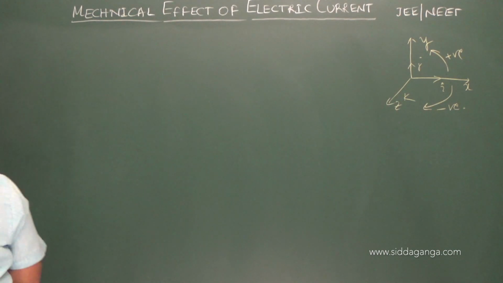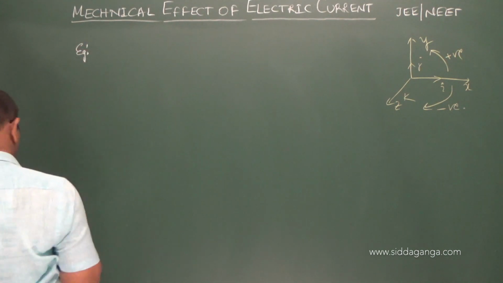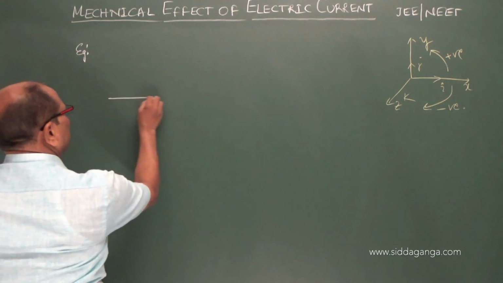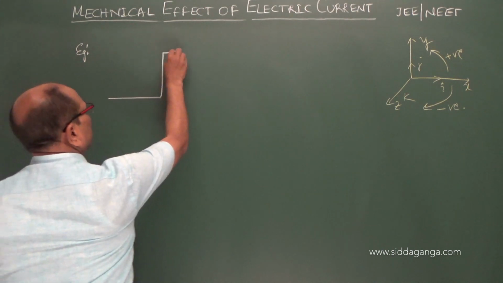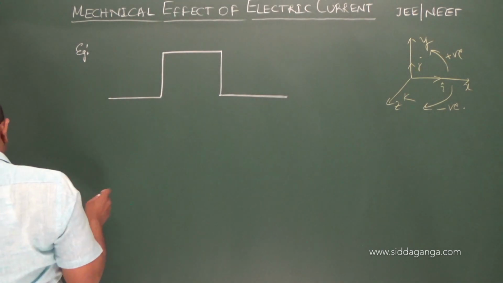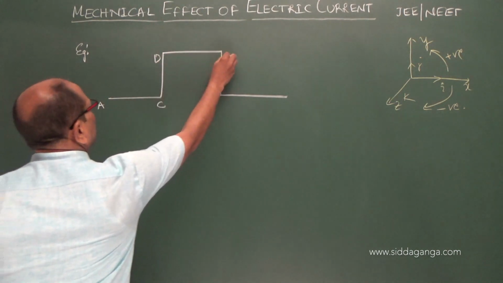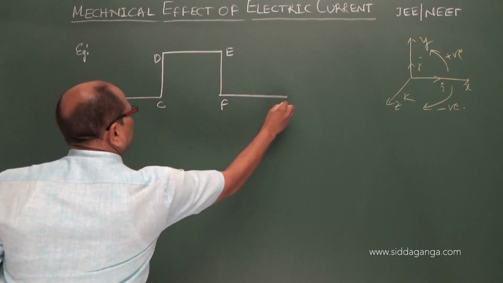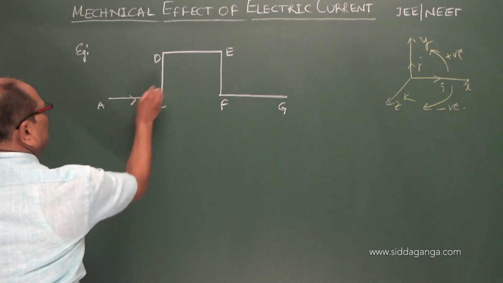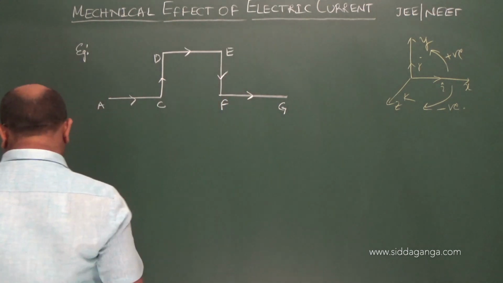Let us take another example in which the wire is of this form, ACDEFZ. The current it carries is like that.